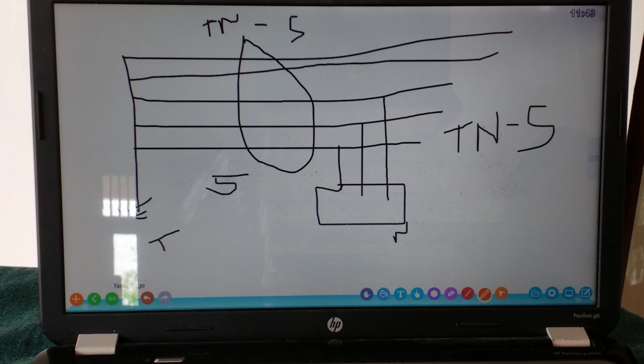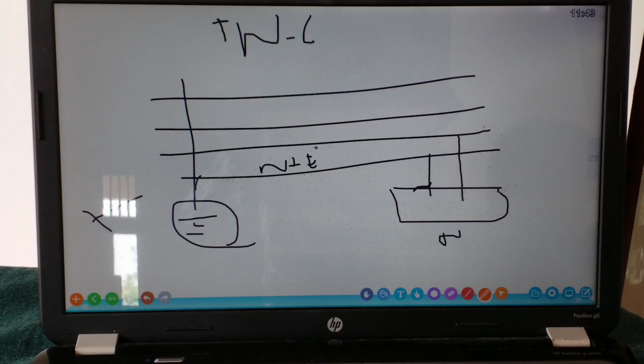And as a solution, we implement T and C. What is the problem with that? Problem is this. What happens with this phase earth?